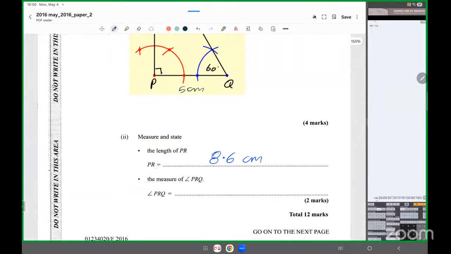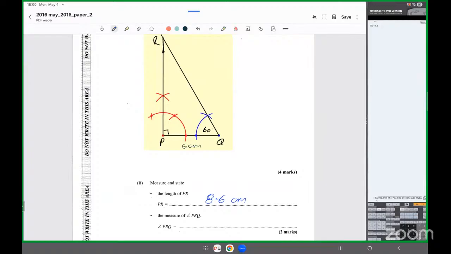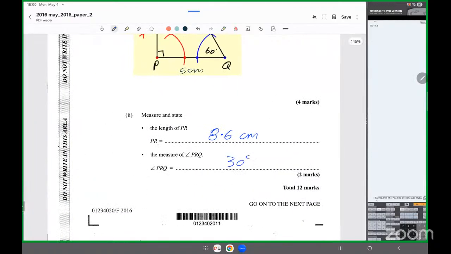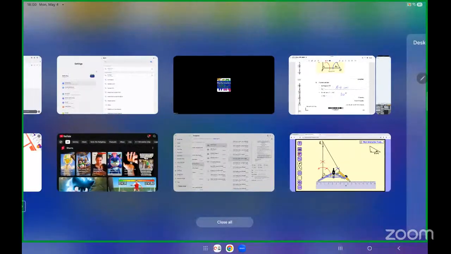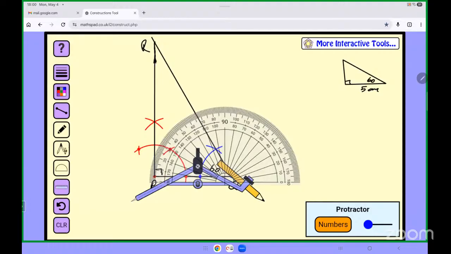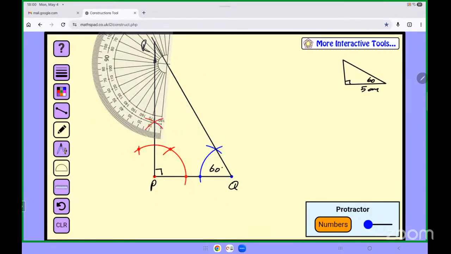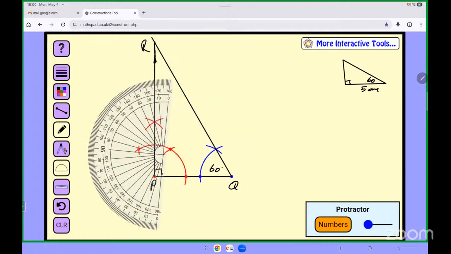Next one, the measure of angle PRQ. Everybody know that is 30 degrees, right? In a right angle triangle, it has to be 30 degrees. Let's see what we actually measure. So you're coming up here, rotate it around this way.